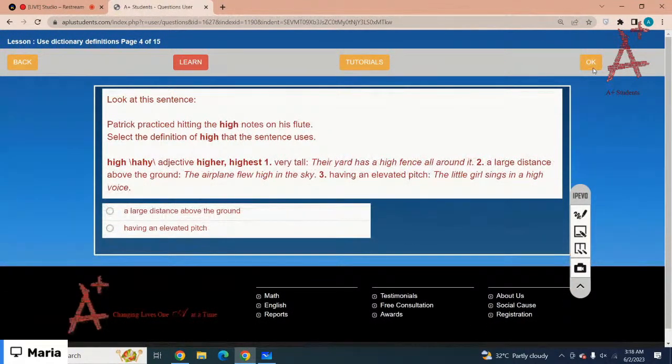Patrick practiced hitting the high notes on his flute. Select the definition of high that the sentence uses. Very tall, a large distance above the ground, and having an elevated pitch. So, what does the word high mean here?